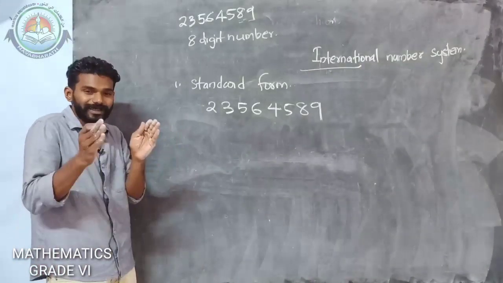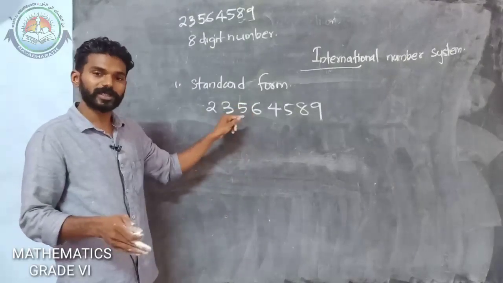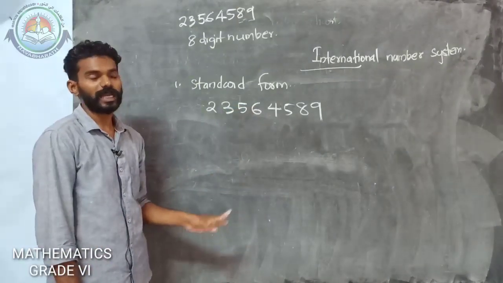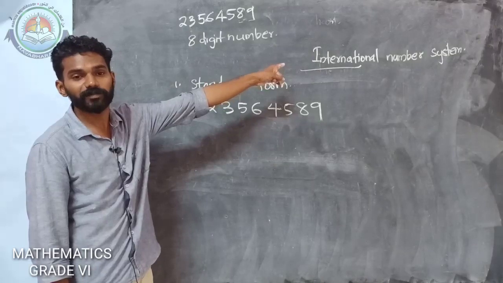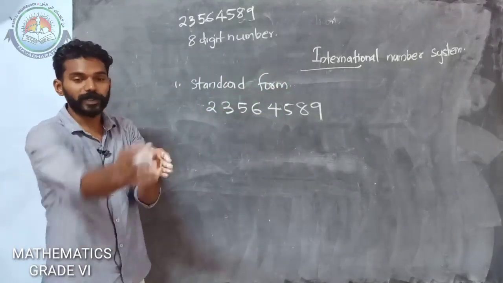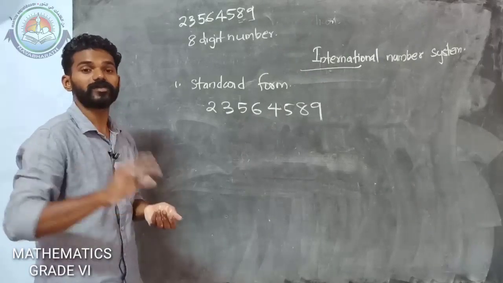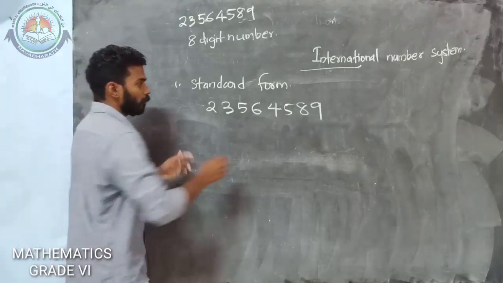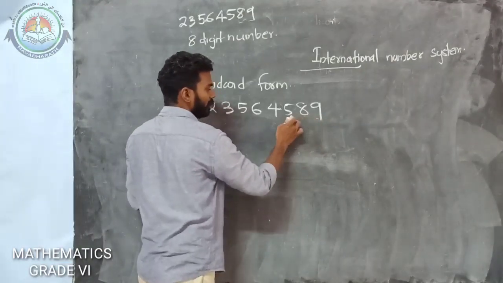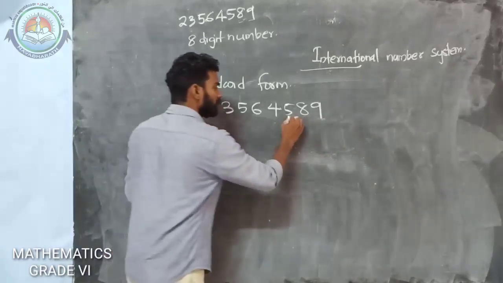Now, on consideration with the periods, you have to just put commas. And now this is the international number system. In the international number system, the periods are considered after every 3 digits. 1, 10, 100. These 3 digits belong to which period?